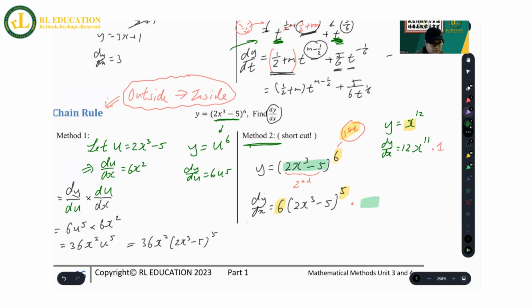The second layer differentiated, what do you get? 6x squared. Make sense? Then just write it nicely: 36x squared (2x cubed minus 5) to the 5. You can see the same result. Just 2 layers. Okay, so if you understand, can you copy this down?